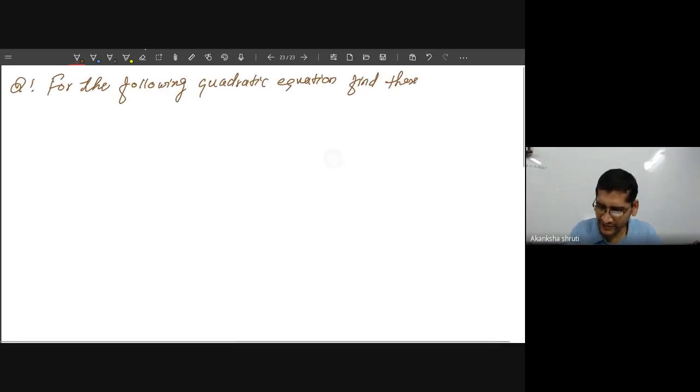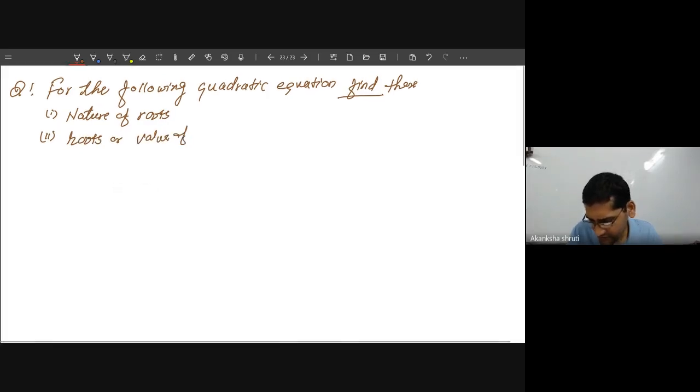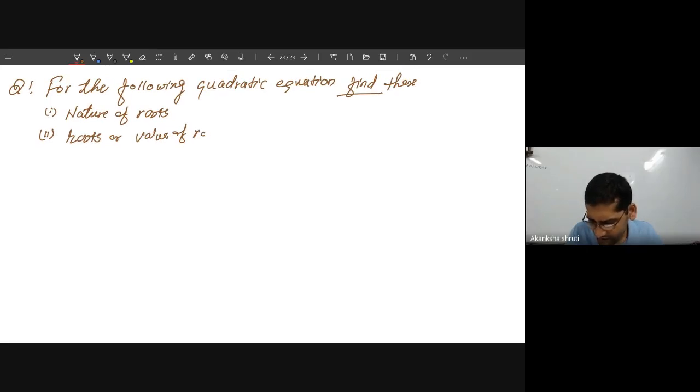First, what we have to find, let me write that one. Afterward, we will write the given quadratic equations. The very first is the nature of roots. The second one is the value of roots, or only roots, meaning the same thing.